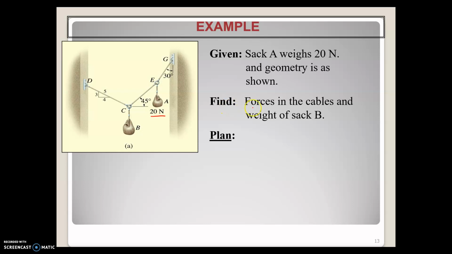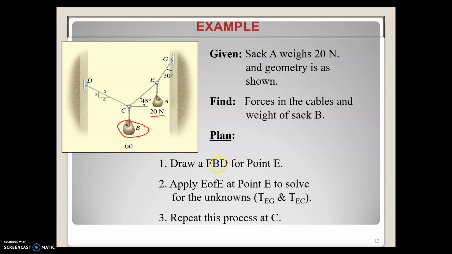Dia suruh cari find force in the cables and weight of sec B. Dia suruh cari value for this weight dan juga force in the cables. So maknanya dia suruh cari force EG, force EC, force CD, force CB ataupun weight B. Right. So planningnya apa? You kena draw a free body diagram for E. Why E dulu?